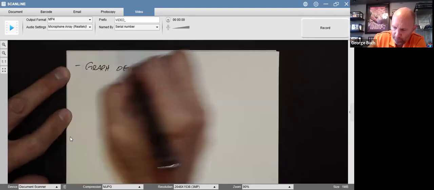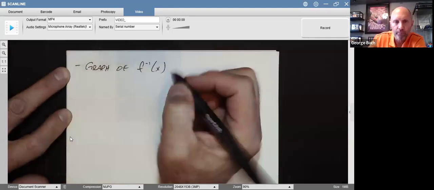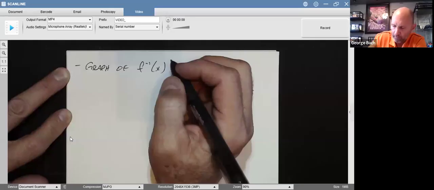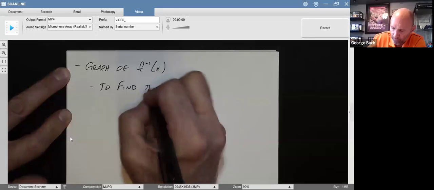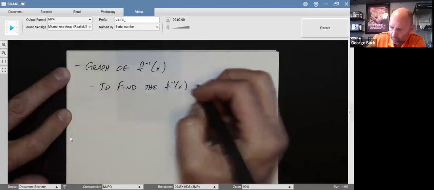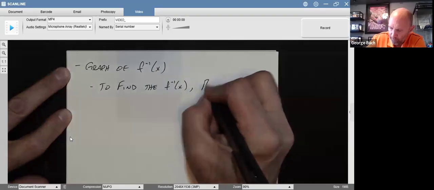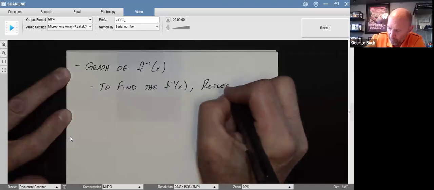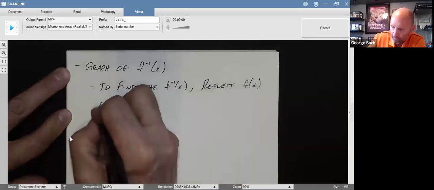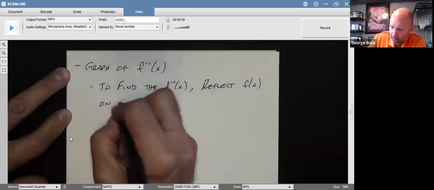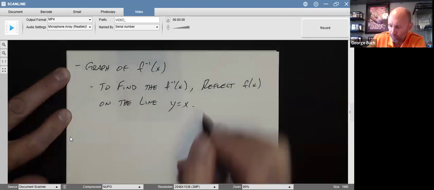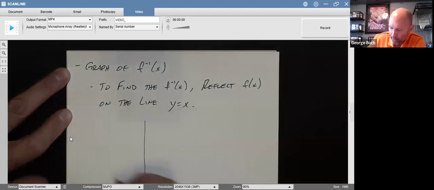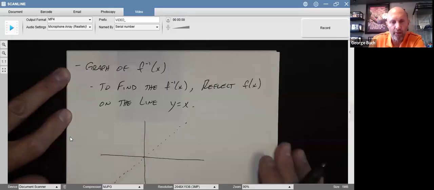So the graph of f inverse of x: to find the graph of f inverse, we reflect f of x on the line y equals x. On our graph, y equals x is what? It's this 45-degree line that cuts through the graph.